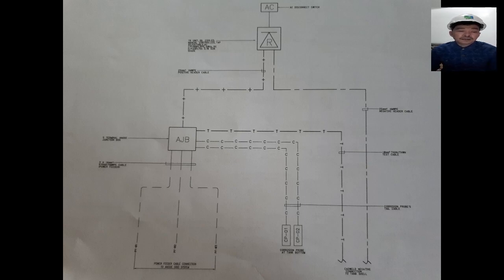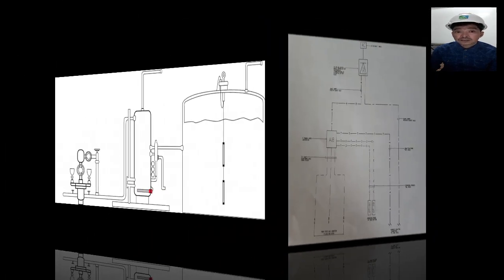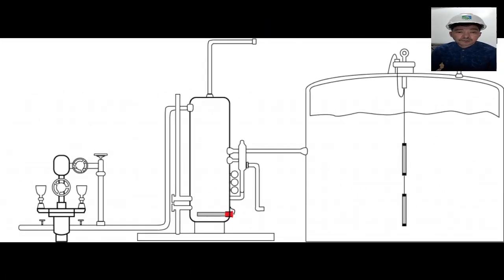We have some special notation on the schematic drawing, so we need to take note of these notations so that we can apply this during installation. This is a mandatory requirement as well.